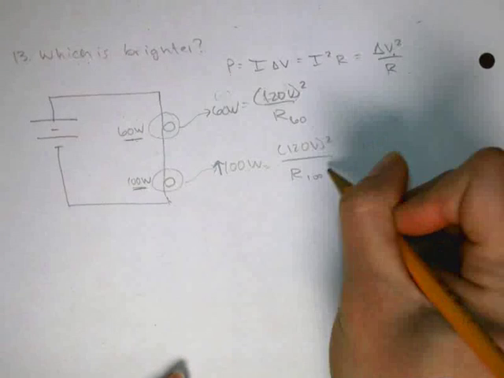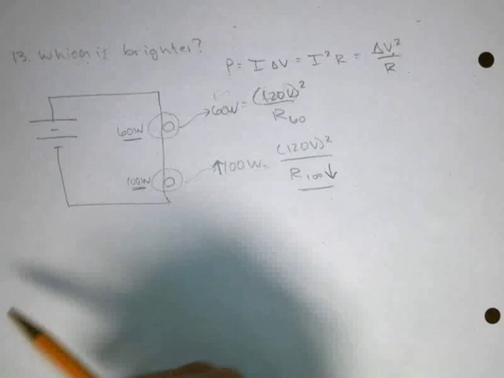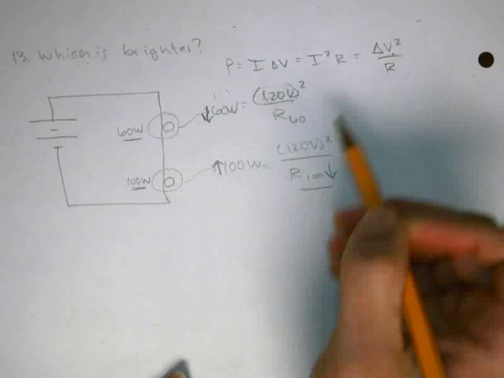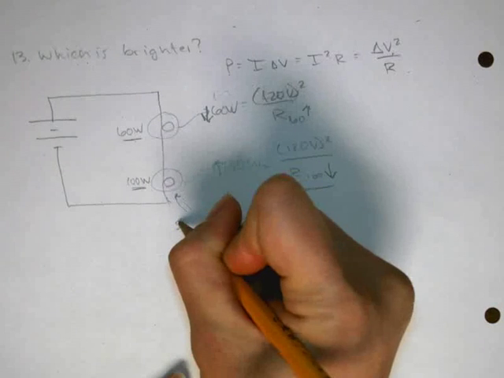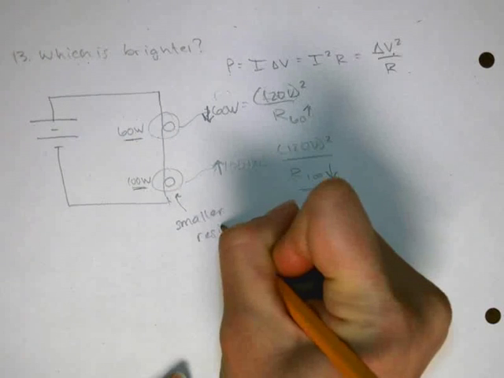This one is more power, which means that one must be the smaller resistor. This one is less power, same amount of voltage, so this one must be the bigger resistor. So this one right here is the smaller resistor.